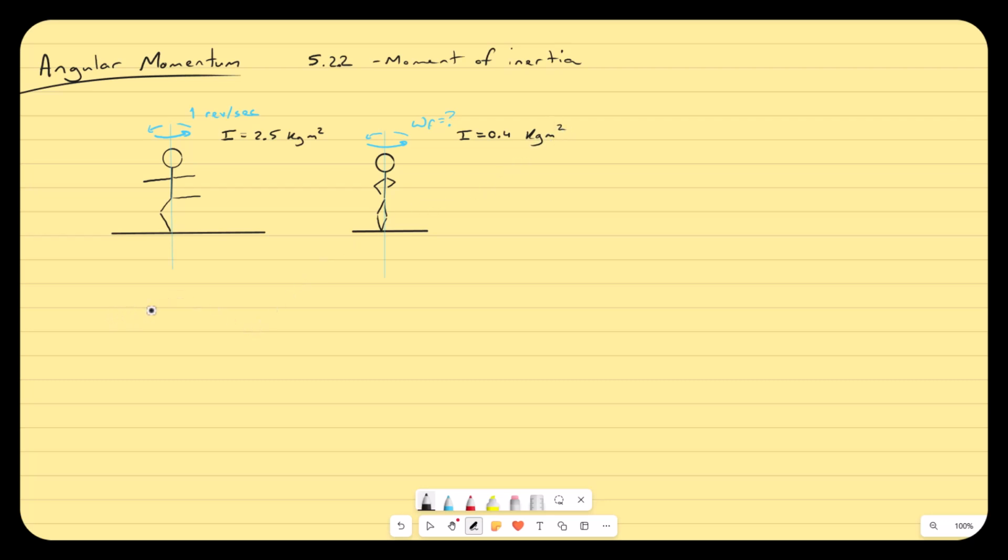Our initial angular momentum is L initial is I initial omega initial. Our final angular momentum is going to be I final times omega final, that's L final.